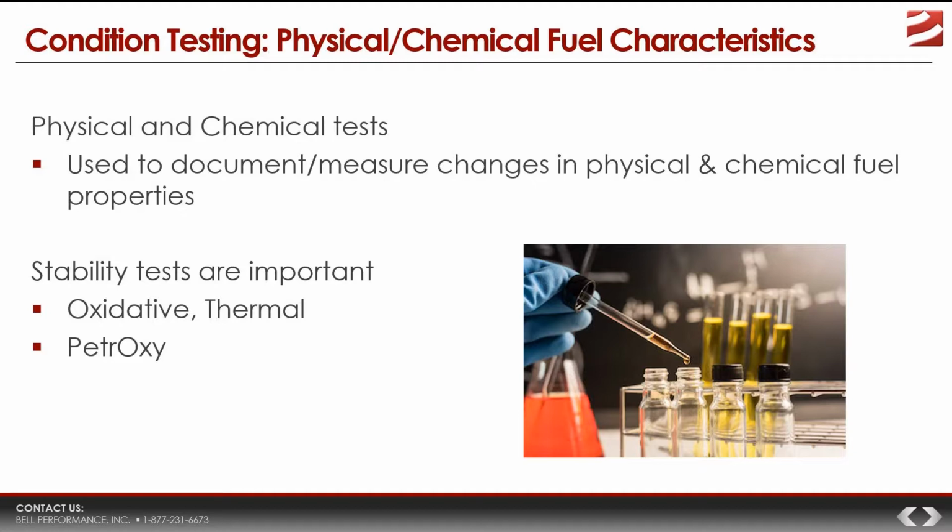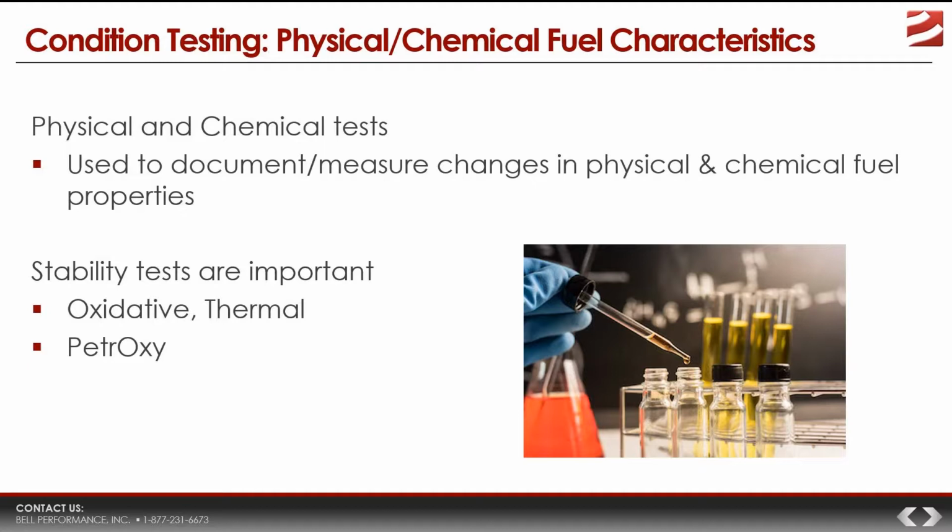When we talked about stability in the stability training, what we tried to get across is that stability tests are predictive tests. Stability tests try to predict whether the fuel sample will change in the future.